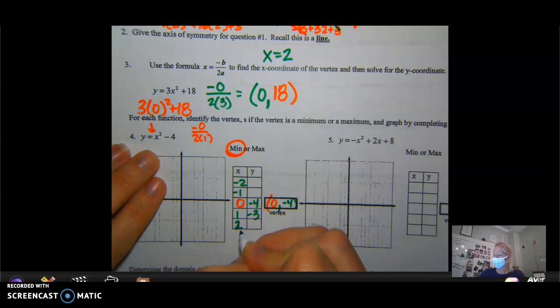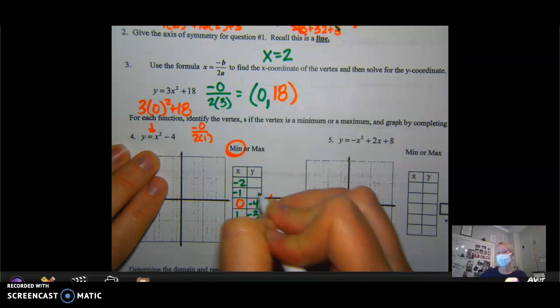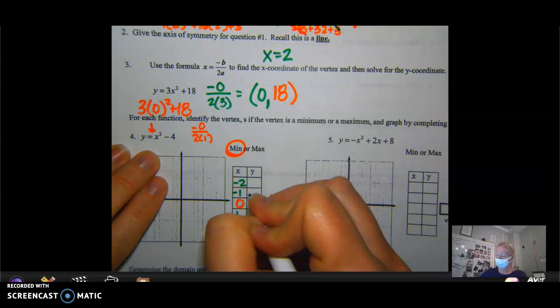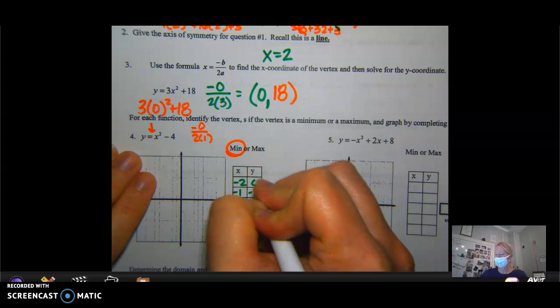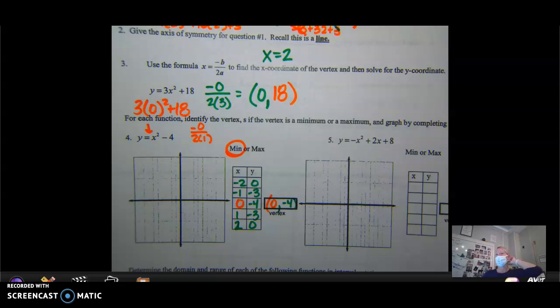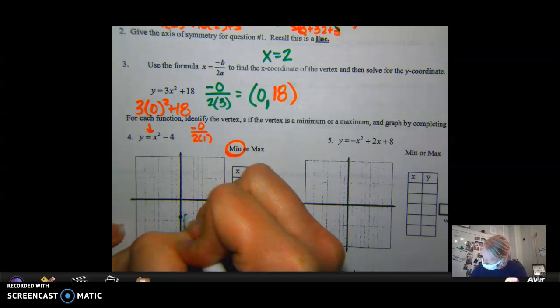Negative 3. What's 2 squared minus 4? 0. If I plug in negative 1, what should I get as an output? And if I plug in negative 2, what should I get as an output? Because of the reflection. On the test, I recommend that you actually do that math so that you don't make a simple error. So 0, these lines are hard to see. Sorry about that.